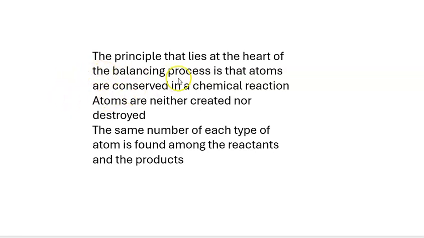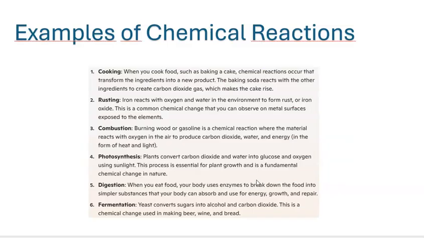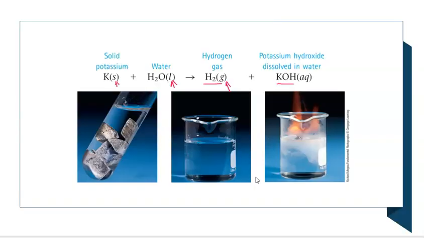The principle that matter cannot be destroyed or created is the one that helps us to balance a chemical equation. For example, here you see potassium, and look, in parentheses I write S because it's a solid.